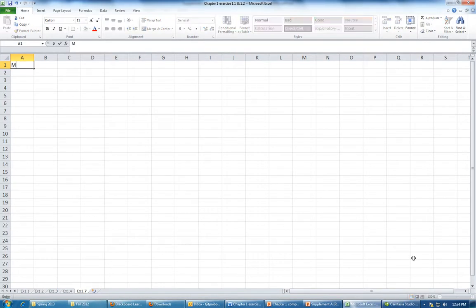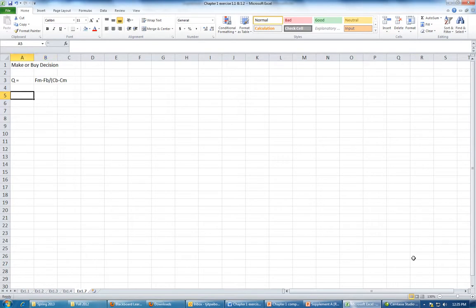So we call it make or buy decision. Okay, and Q equivalent to FM minus FB divided by CB minus CM.